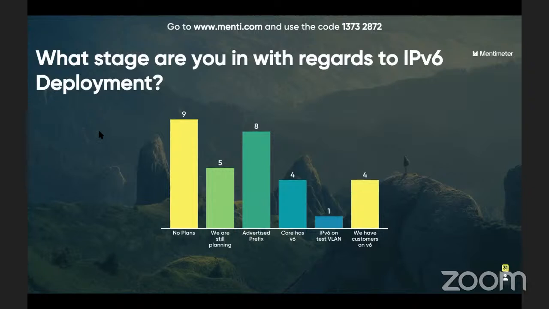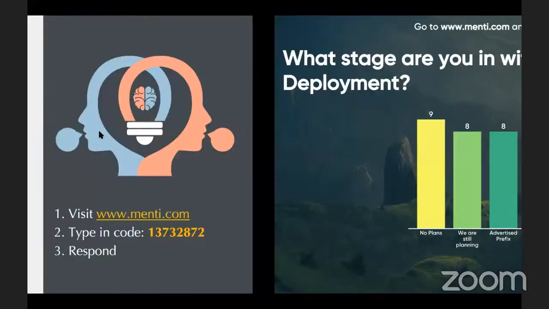I can see no plans is winning. So hopefully by the end of this session, once we give you our views on these transition techniques, if we decide to redo this question, maybe asking it in a different way, we'll have more people willing to move to V6. So thank you for your feedback.